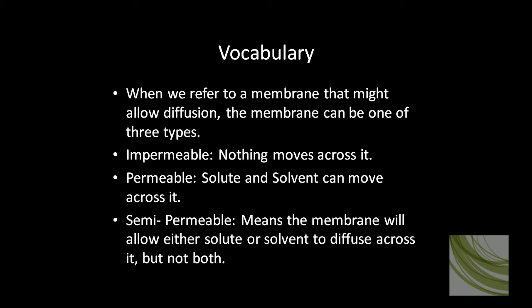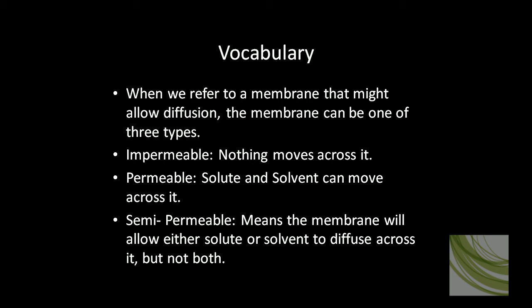There are three types of membranes. There are impermeable membranes. These membranes are membranes in which nothing can move across it. There are permeable membranes, meaning both solute and solvent can move freely across the membrane. Finally, there are semi-permeable membranes. Semi-permeable membranes are the most common type of membranes you'll encounter, and they mean that some things will be allowed to cross and some things will not be allowed to cross.